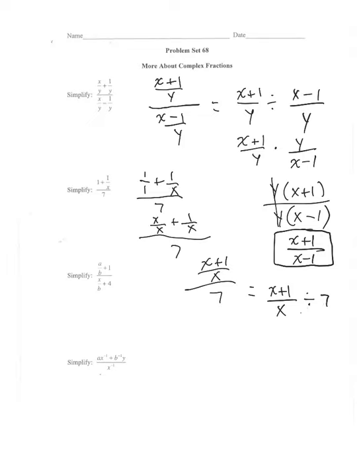And just like we did on the last one, dividing by 7, we can go x plus 1 over x times 1 over 7. And we end up with x plus 1 over 7x as our final answer for this one.